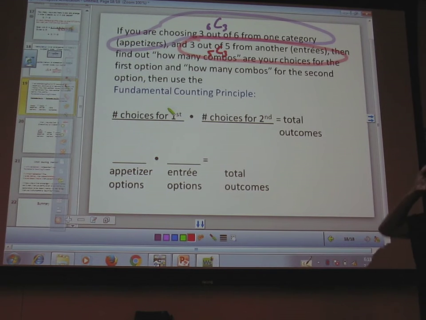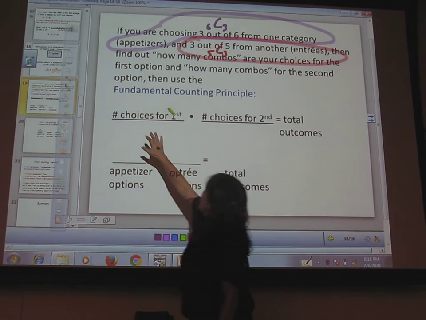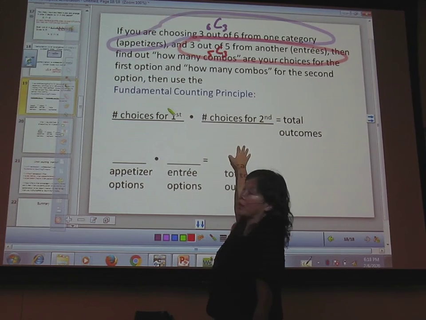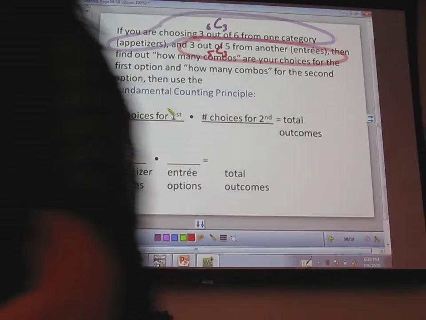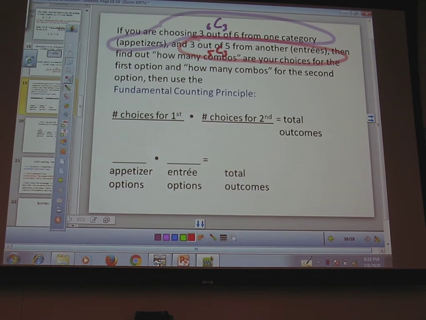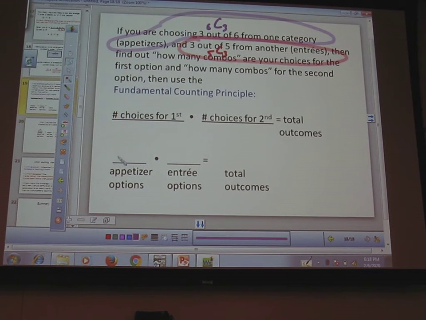So your total outcome, fundamental counting principle, is number of choices for the first thing times number of choices for the second thing. You'd multiply those two together. Here, I'll show you what I mean. So this would be 6 choose 3, and this would be 5 choose 3. That'd be your total outcomes.